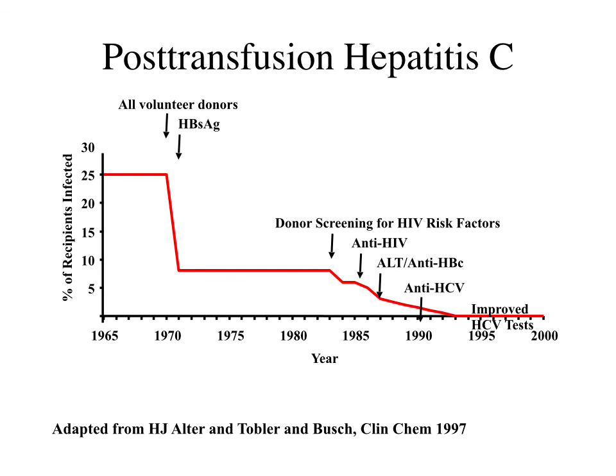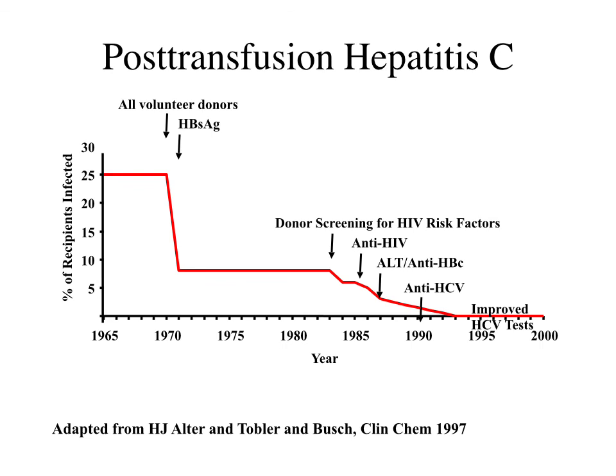Over time, the rates remained constant until they started screening for HIV risk factors. In the 80s, when HIV was recognized and they realized how it was transmitted, they started screening people even before they had an actual molecular test for HIV. They did donor screening through questionnaires, and the risk factors for HIV and hepatitis C are very similar. So by screening out people with HIV risk factors, you were also screening out people with hepatitis C risk factors.